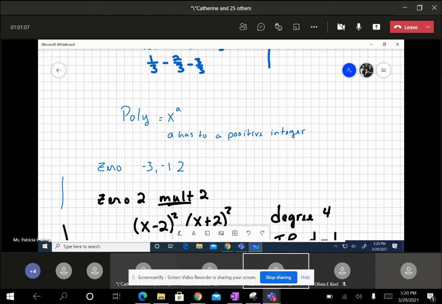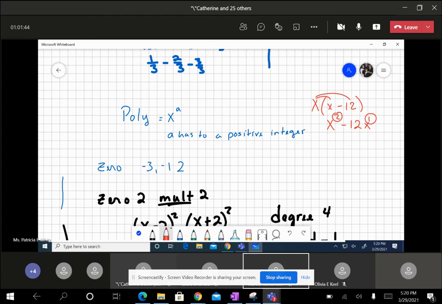On 12, I'm going to go ahead and distribute that x, and I'm going to have x to the second power. If I distribute this, I have x squared minus 12x. All of my exponents are positive integers, so I get a yes.